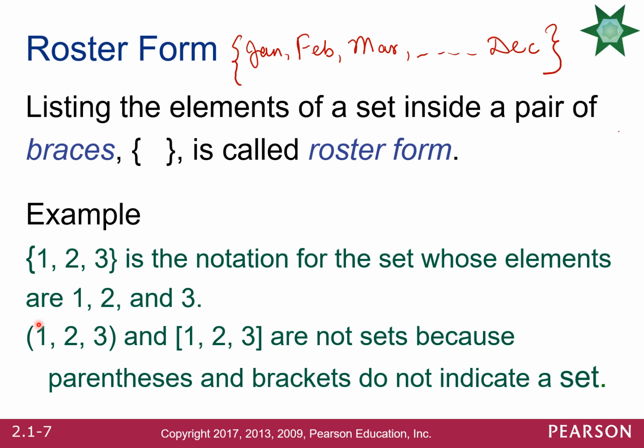All right. This is a round bracket. This is a square bracket. These are not sets because parentheses and brackets do not indicate a set. They have a different meaning in the world of mathematics, but when we are expressing a set, we always use these curly braces or brackets. Okay.